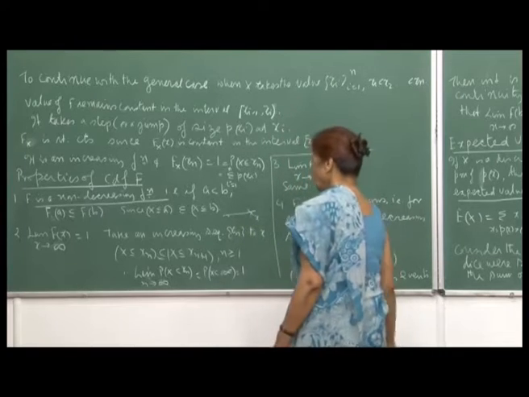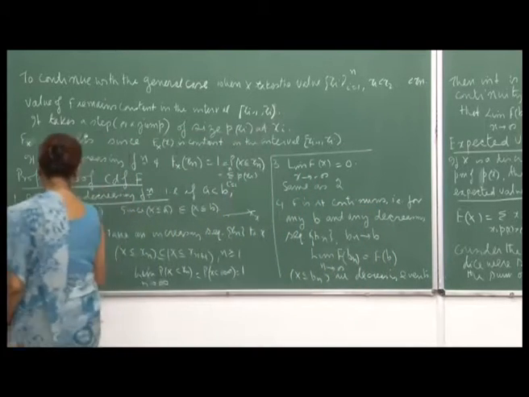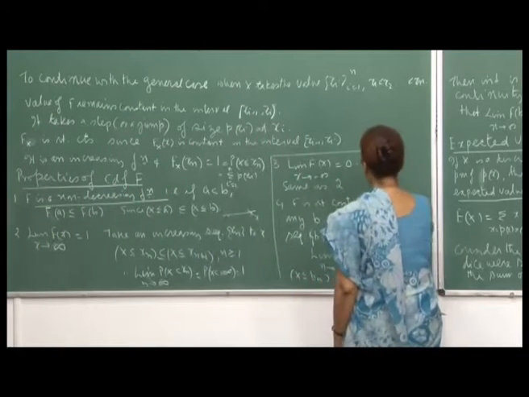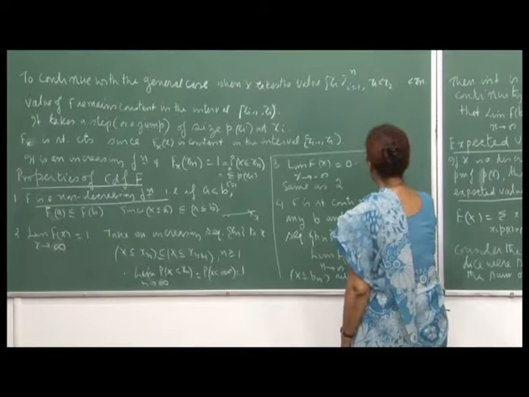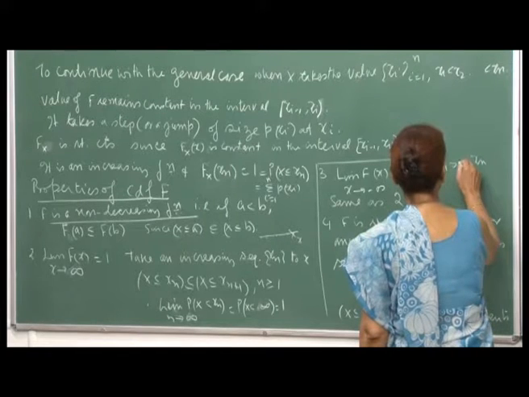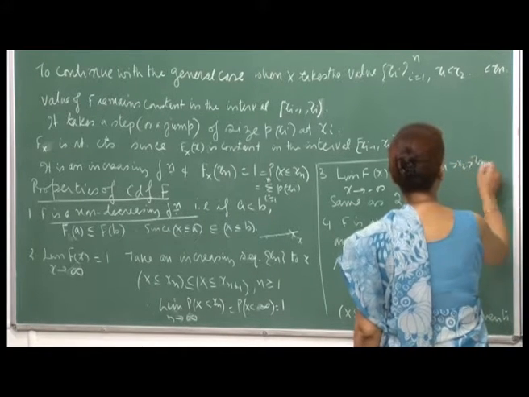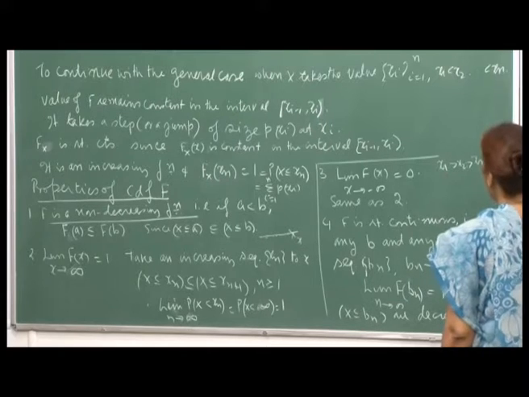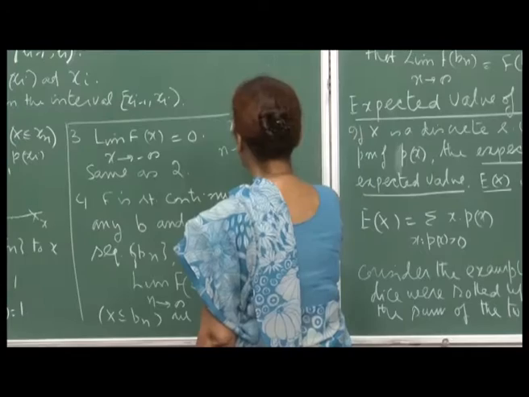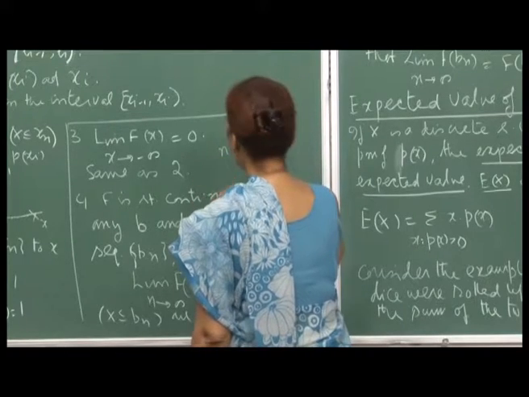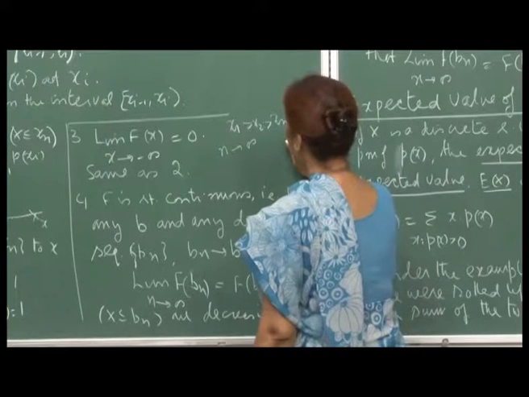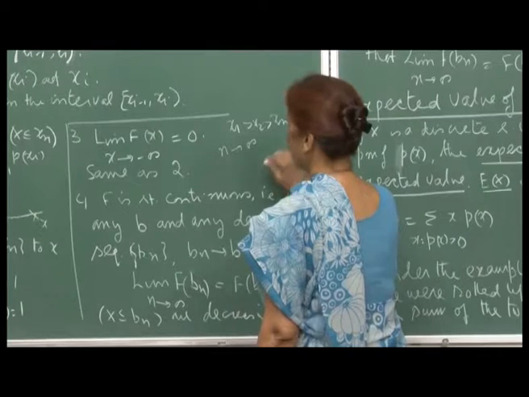When you take a decreasing sequence x_1 greater than x_2, greater than x_n, then as n goes to infinity the event will become the empty set.